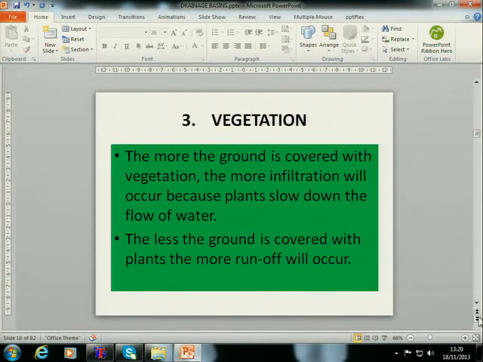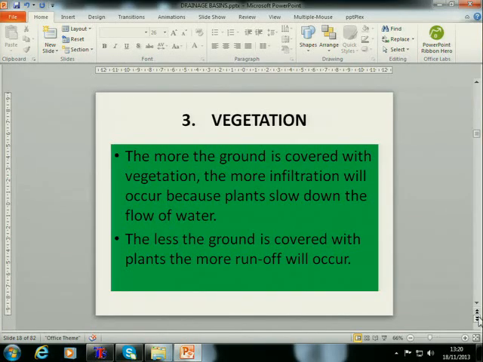Why? Plants slow down the flow of water. Their roots capture the water. The plant itself slows it down. The water has time to infiltrate into the ground, in other words, causing groundwater. And therefore, the more the ground is covered with vegetation, the more infiltration we will have.